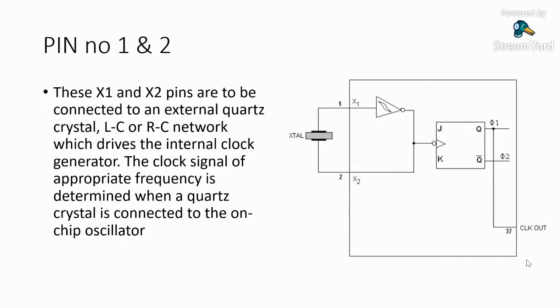You know, as if it is a human that has a heart. Pin 1 and 2 are the aorta or maybe the vein, and the crystal is what we call the heart of the microprocessor that is always beating.